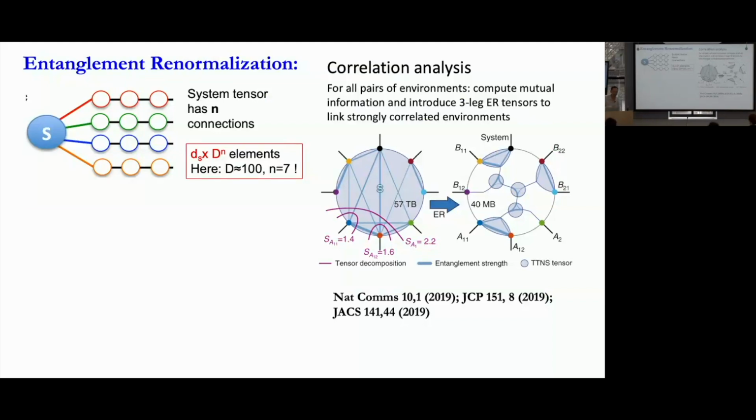So this thing now has all of 7 dimensions. The number of parameters is the number of states in the system, and the bond dimension to the power of all the stuff that's coming out of it. And it is precisely the system-environment interface where we would expect the largest bond dimensions to be needed.